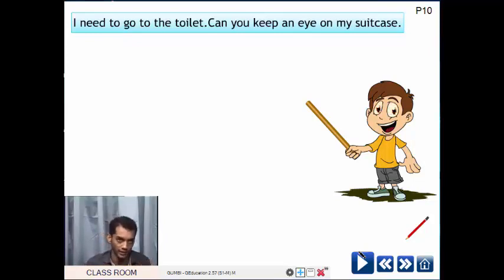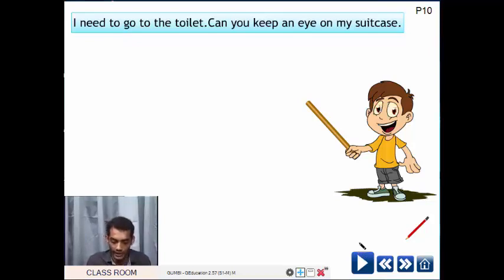You are in a railway station holding a suitcase. You need to go to a toilet. But you can't carry your suitcase to the toilet. Then what do you ask a person to do who is beside you? What do you ask? I will ask them to look after my suitcase. Very good.